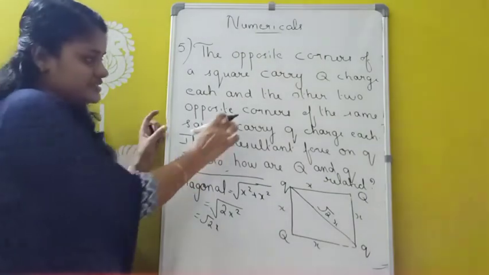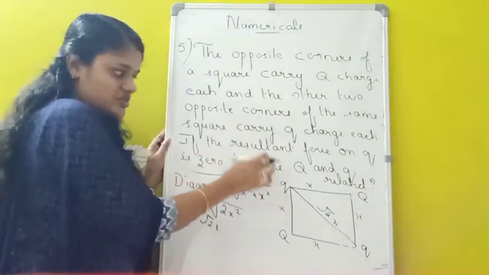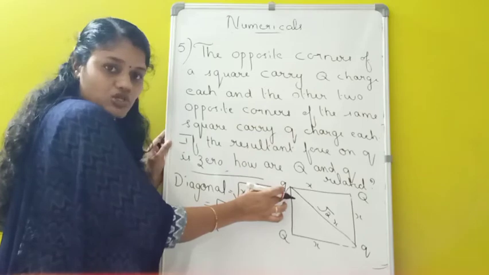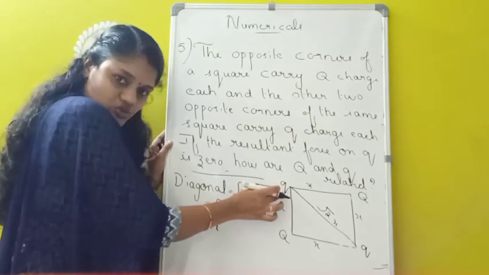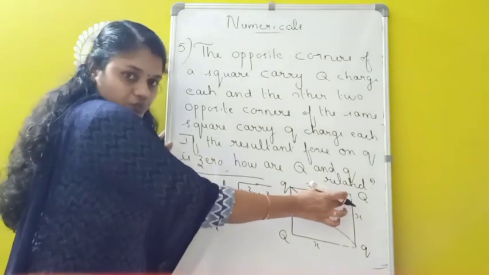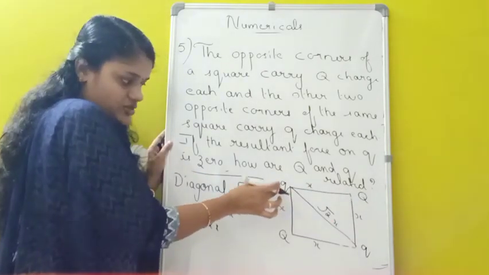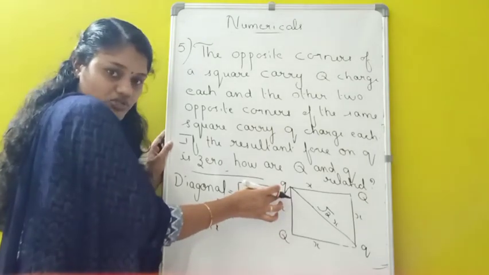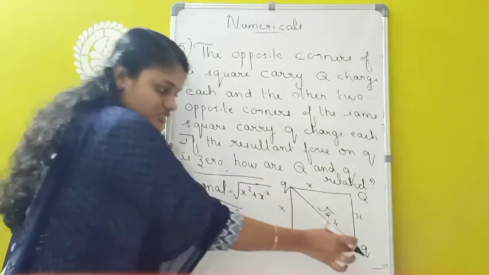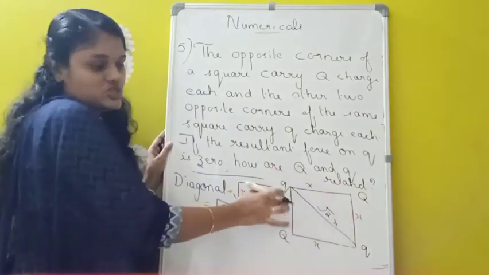Okay. So now it is given that the net or resultant force acting on this small q charge is 0. That means the force acting on this small q charge due to this capital Q charge, plus the force due to the other capital Q charge, plus the force due to the other small q charge, the total will be only 0.